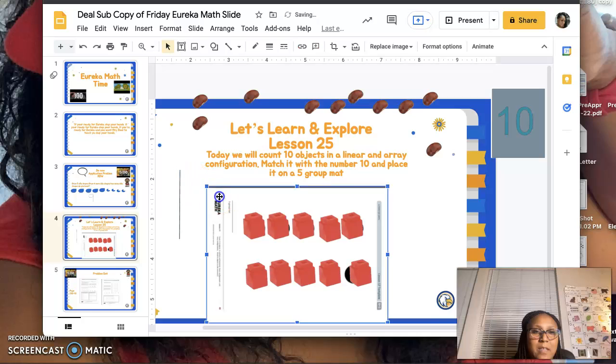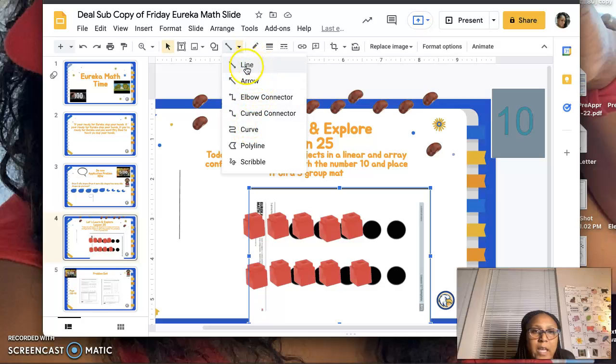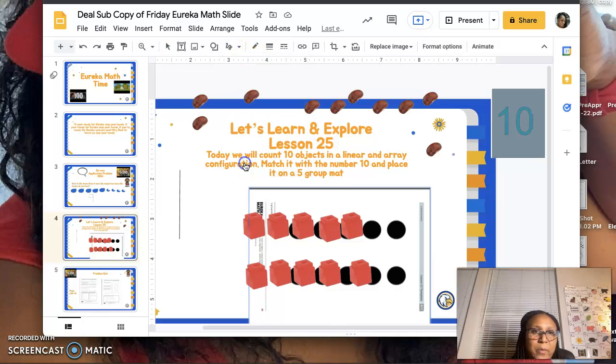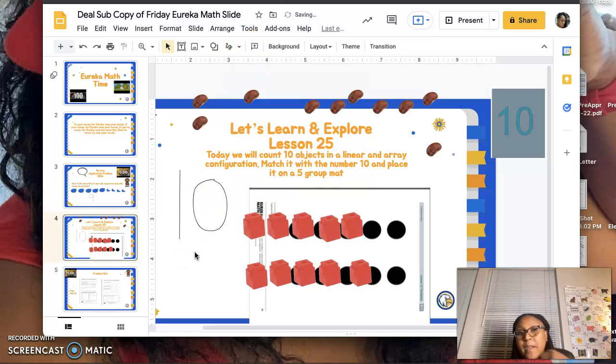Now I want to make a 0. To make the number 10, I need a scribble. Here we go, number 10. And I'm going to add some color. There you go. I just wrote the number 10. So, number 10, 1 and 0, but is it the number 1?